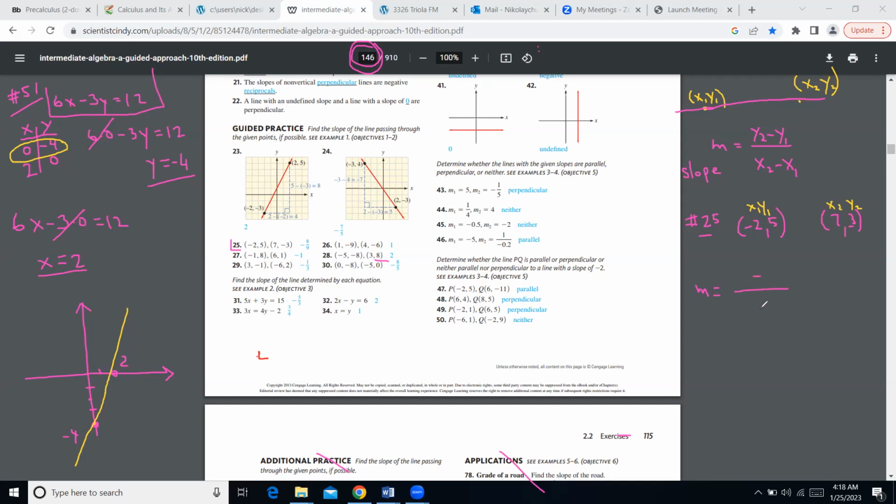There will be two differences that I need to consider. In the numerator, I subtract the y's, such as -3 and 5, the y coordinates. And in the denominator, I'll subtract the x coordinates, such as 7 and -2. And then after we simplify these, we'll see what the slope is equal to. So that will be -8 in the numerator.